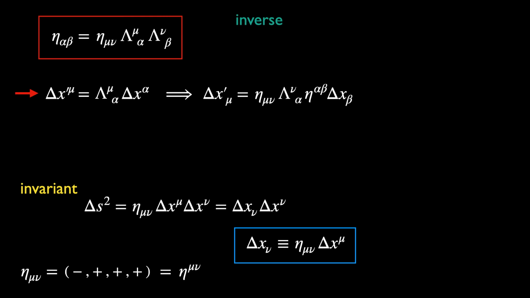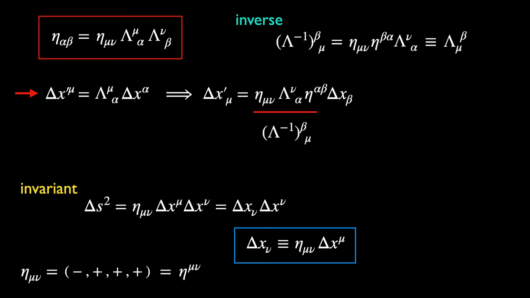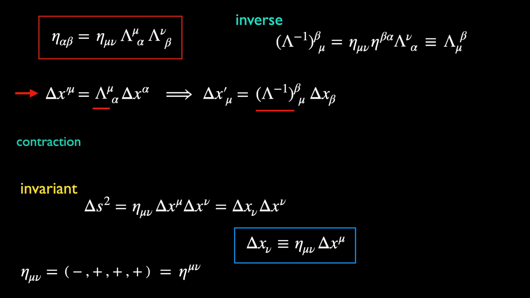From our earlier result, this is just the inverse transformation. Now it becomes obvious why the contraction of an upper index with a lower index object always gives us an invariant quantity. Lambda is always cancelled by its inverse.